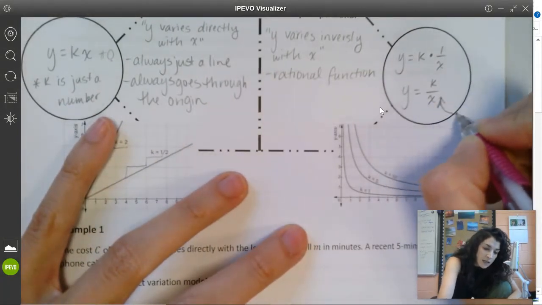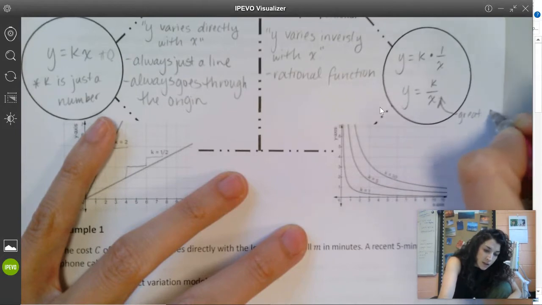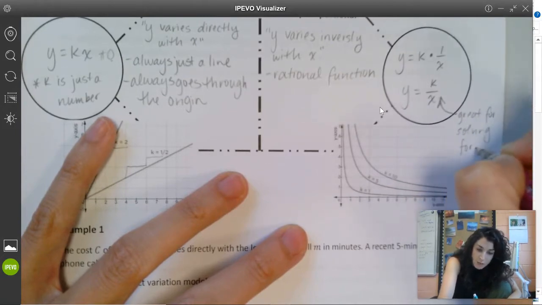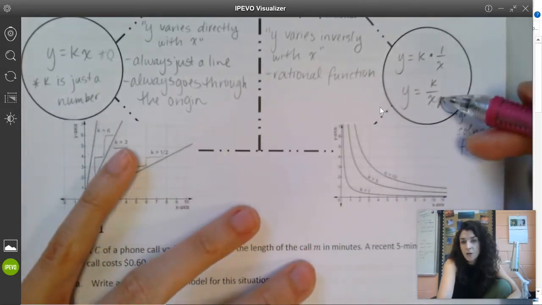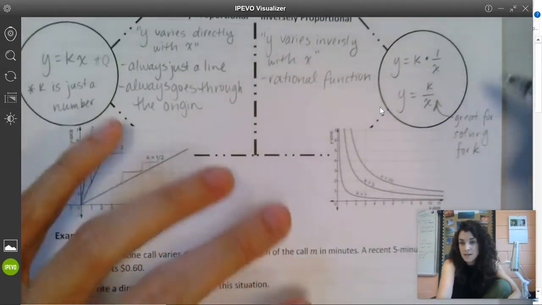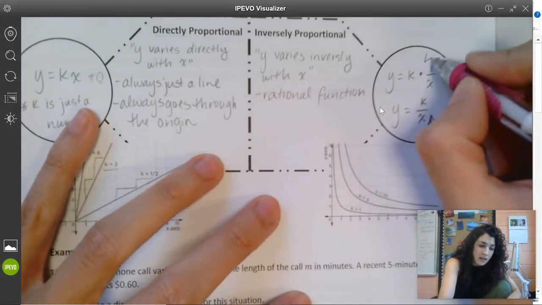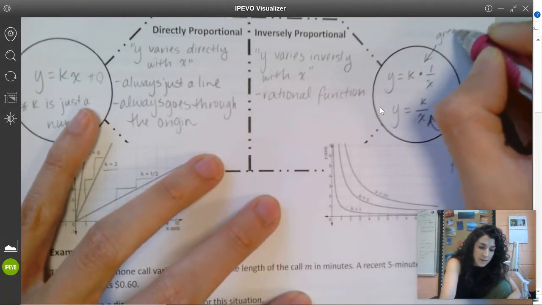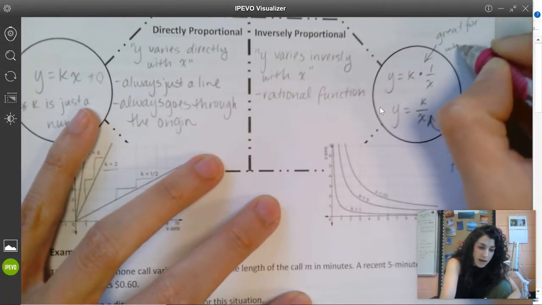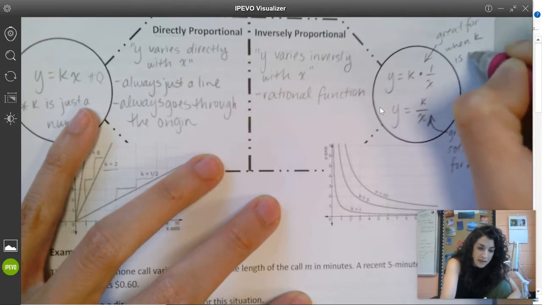This format right here is great for solving for k. For all of these problems, we're going to solve for k first in order to find the equation, the model. This format is great for when k is a fraction.